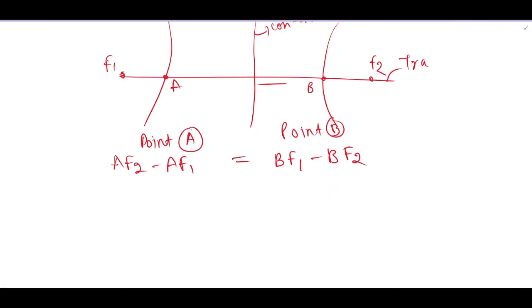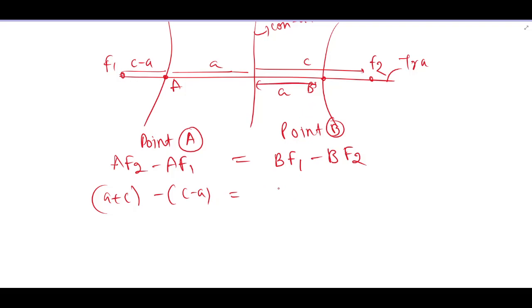So we know point B is at distance A and point F is at distance C. So AF2 will be A plus C and AF1 will be C minus A, and BF1 is equal to A plus C, BF2 is C minus A. AF2 minus AF1 is equal to 2A, and BF1 minus BF2 is equal to 2A, equal to constant.